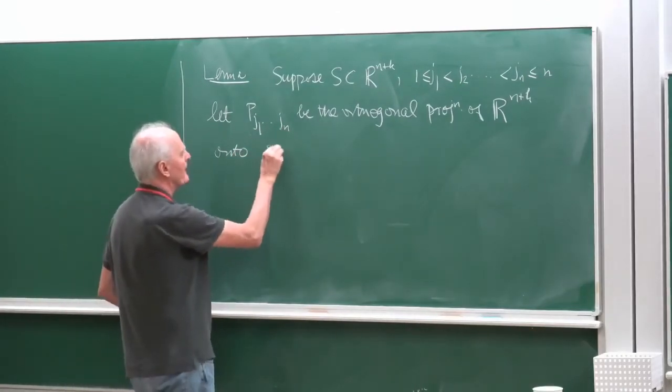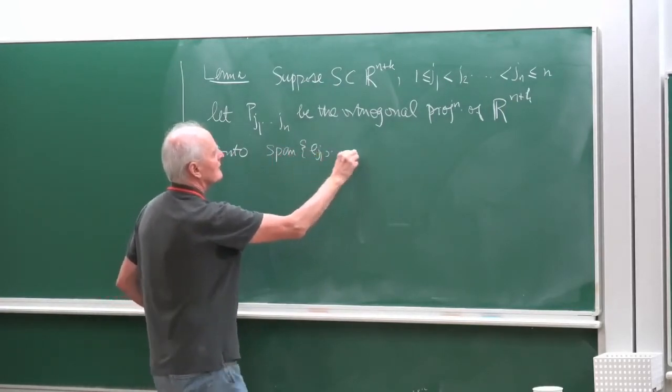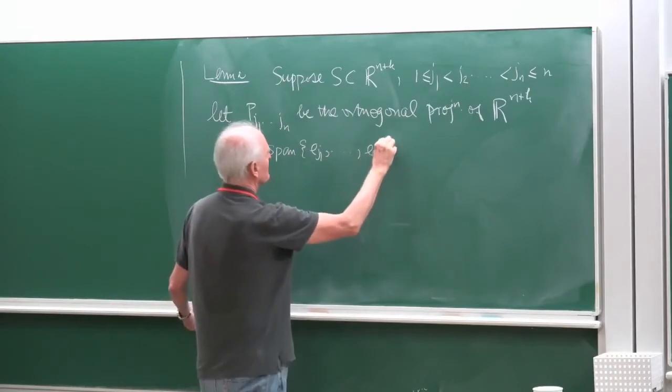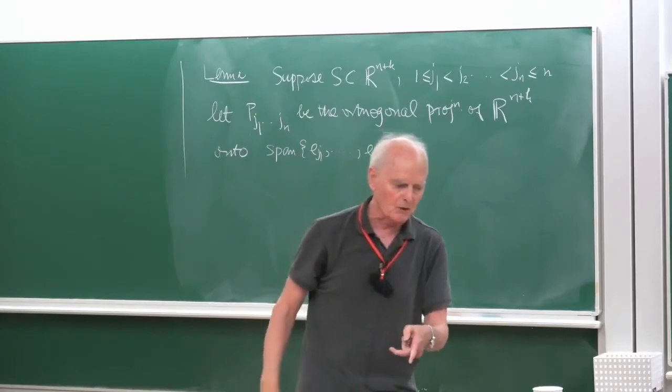So onto the span of e_{j1} up to e_{jn}. Here e_j are the standard basis vectors with zeros everywhere except in the j slot where there's a 1.